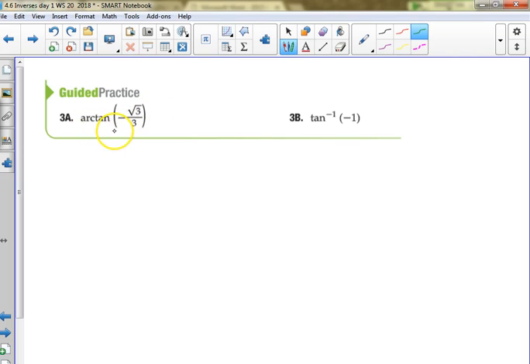Where is the tangent negative square root of 3? Arctangent is going to be in these two quadrants, right? I need an ordered pair that's going to give me that.